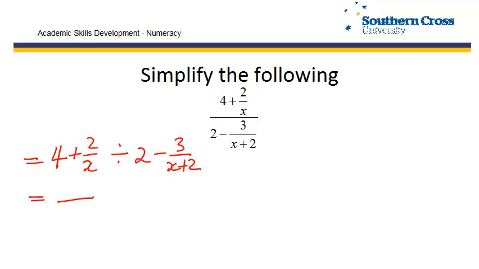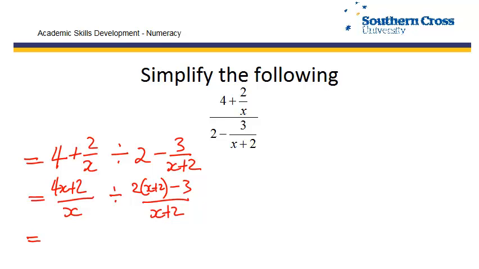So this first lot, common denominator of x, will give us 4x plus 2 in the numerator. Divide by common denominator of x plus 2 will give us 2 lots of x plus 2, take away 3 in the numerator.